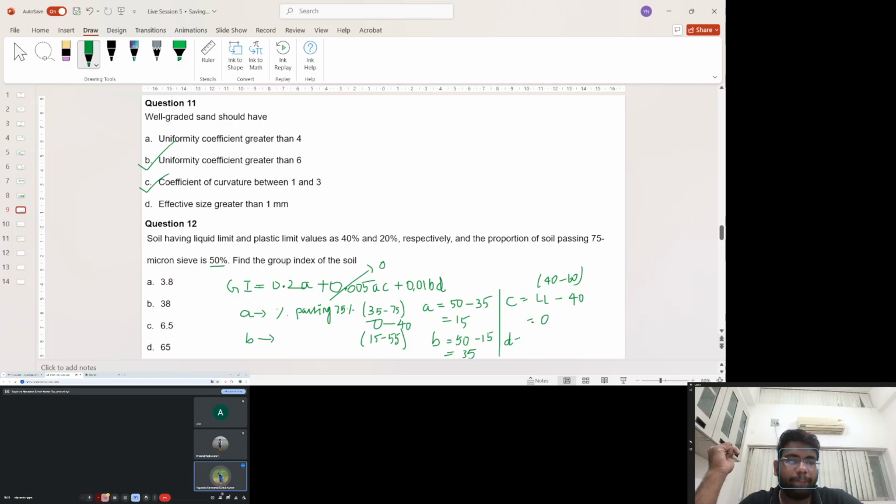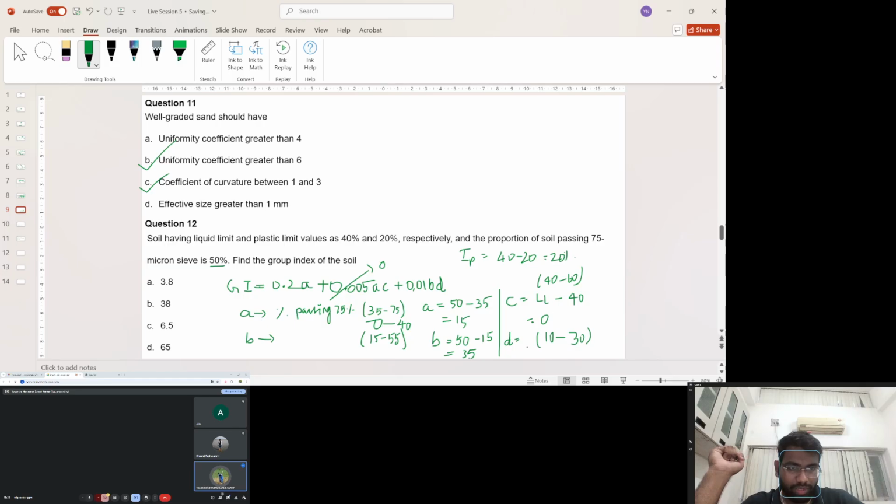And d will be for the plasticity index. The plasticity index can be calculated as 40 minus 20, which is 20%. This value ranges from 10 to 30, so it has a numerical value of 20.